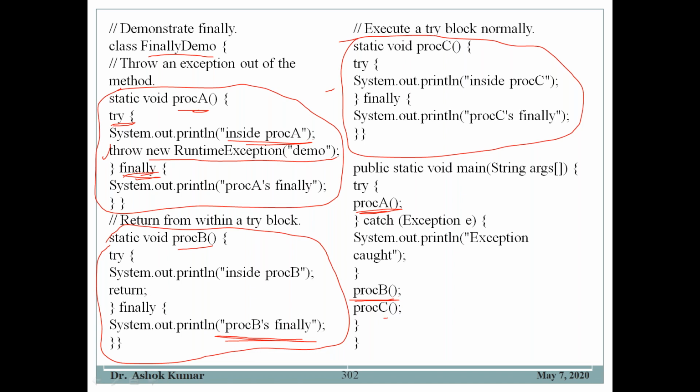Then procC will be called. When it is executed, you will get inside procC, and before the control goes back to the main method, again you will get the finally message.